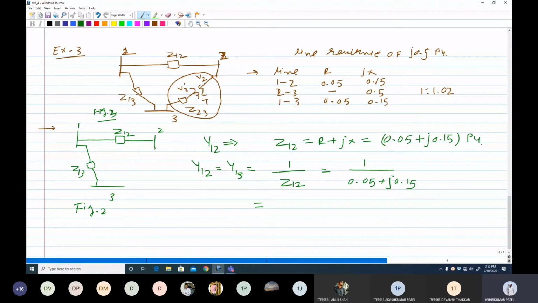I think you have done it previously. Will not take much time. 2 minus j6. Yeah, very good. 2 minus j6, in per unit.